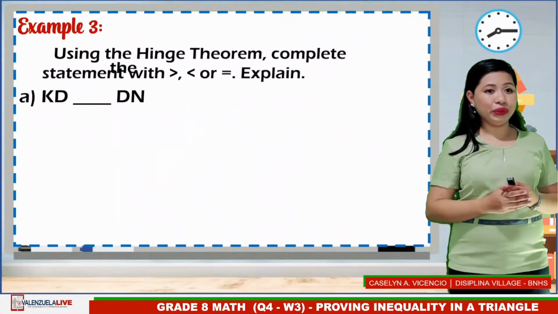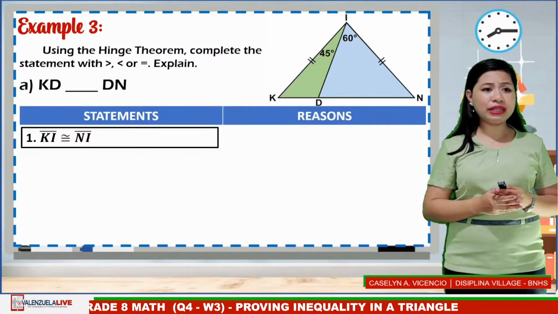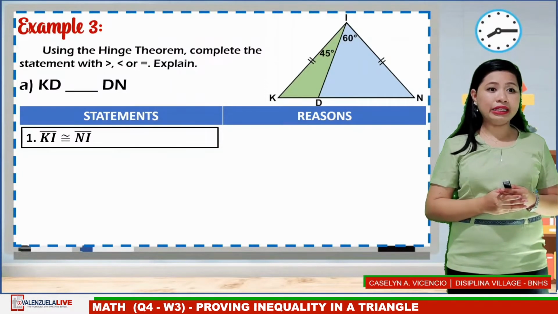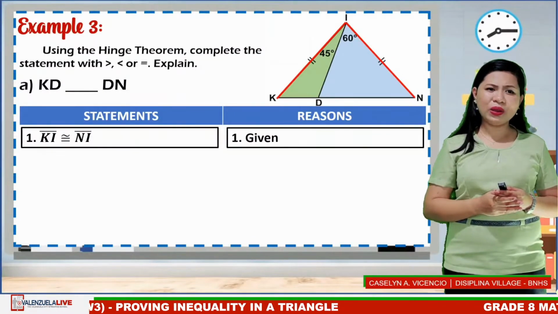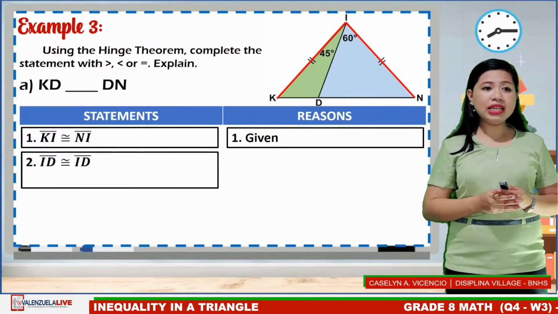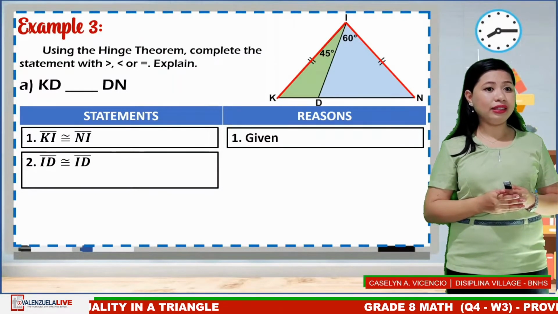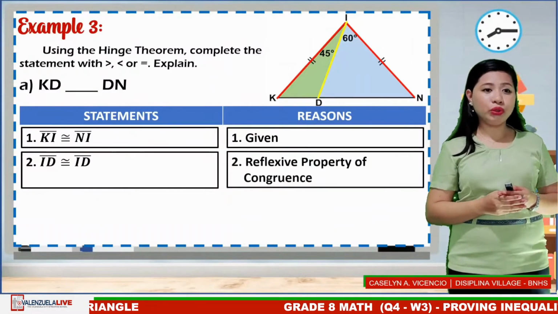From the given figure, side KI is congruent to side NI. The reason for this one is given. We can also say that side ID is congruent to side ID by reflexive property of congruence.